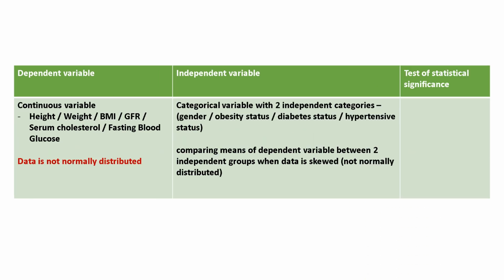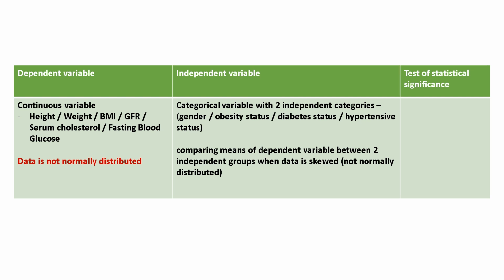Next scenario, the dependent variable is a continuous variable such as height, weight, BMI, GFR, etc. But data is not normally distributed. The independent variable is categorical with two independent categories.